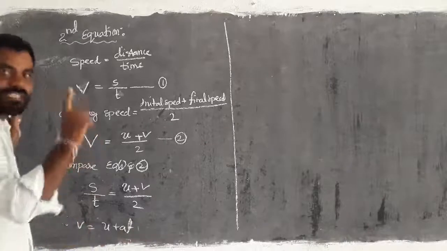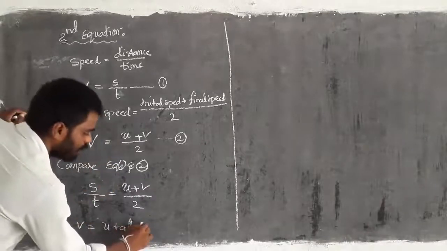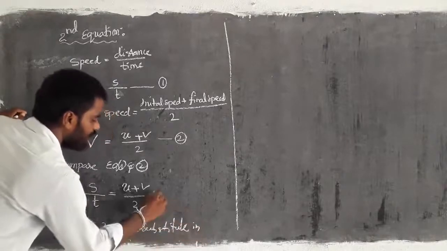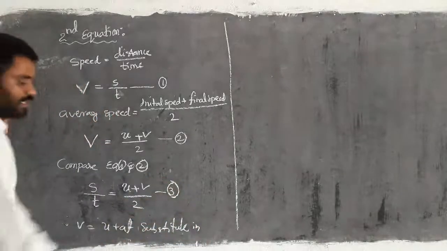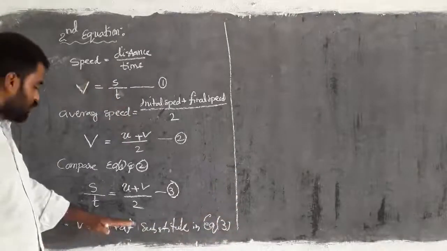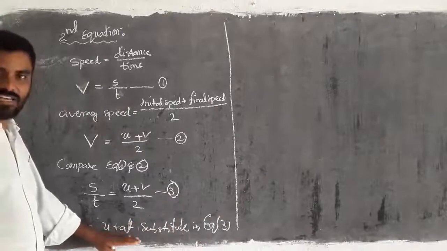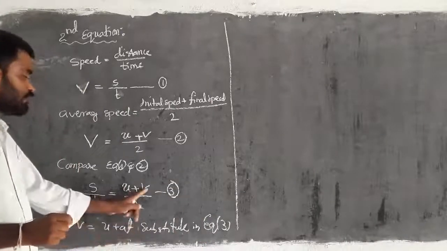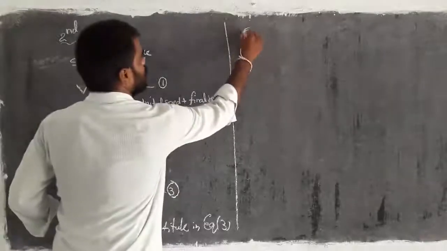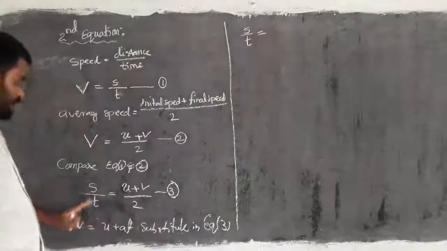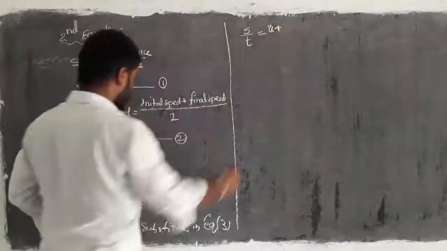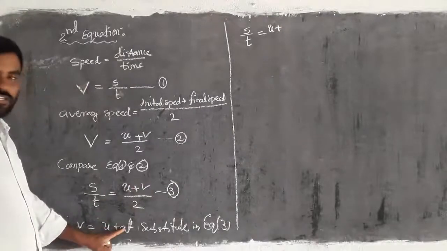This is the first kinematics equation. Substitute this in the equation, which you consider as equation number 3. So whatever v is equal to u plus at from the first motion equation, you have to substitute in this. So v is there or not? Then the equation changes like this: s by t, right? Then u plus v. First you write u plus v. v means u plus at, right?